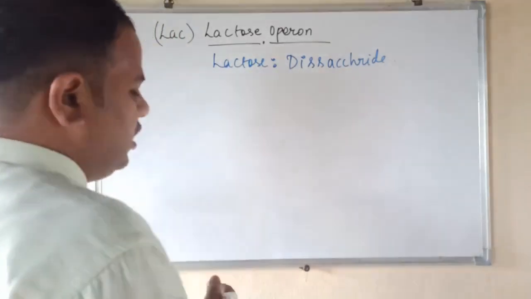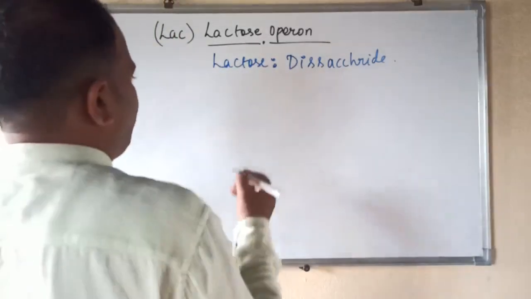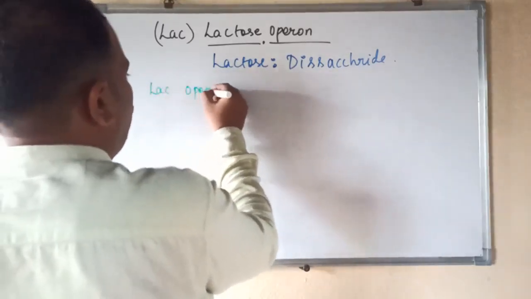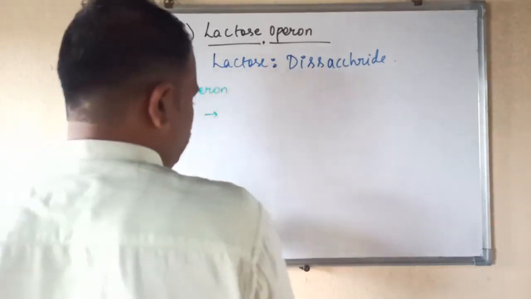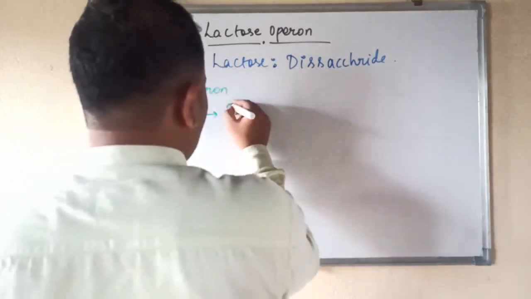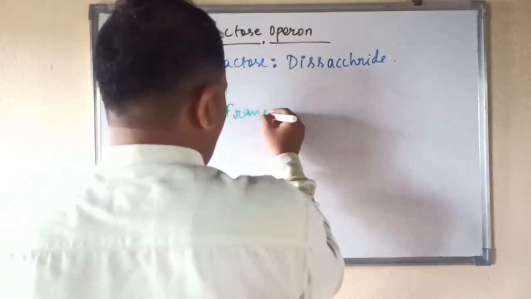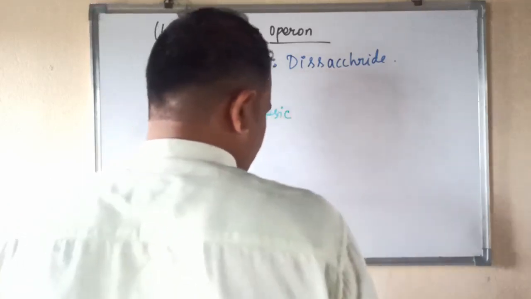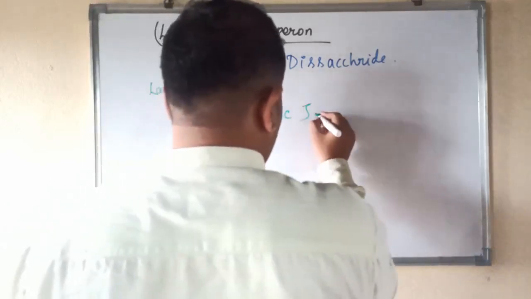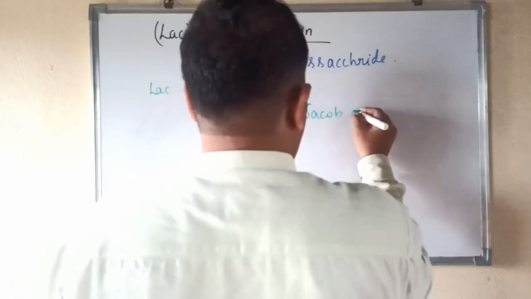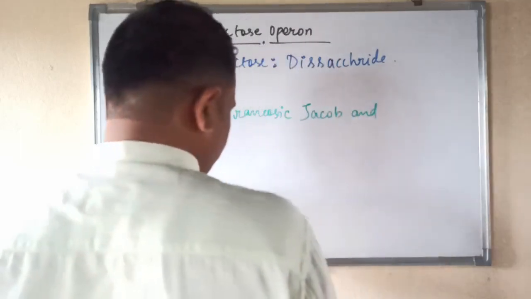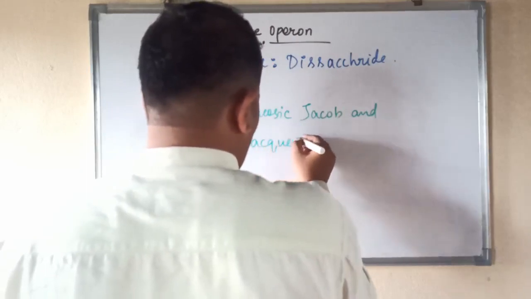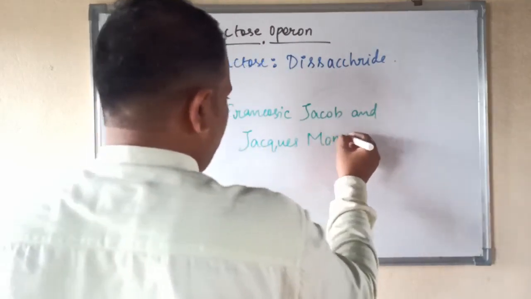So let's see what the lactose operon is. The Lac Operon was first discovered by two scientists, François Jacob and Jacques Monod.